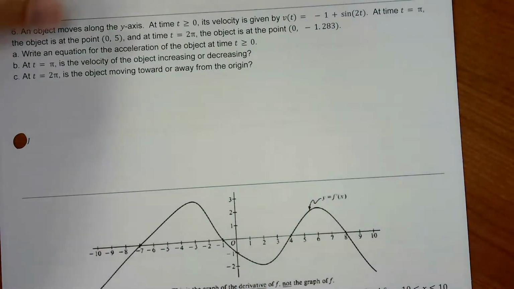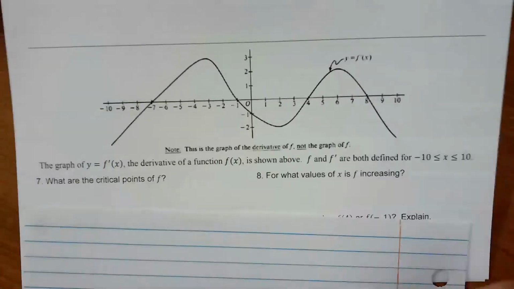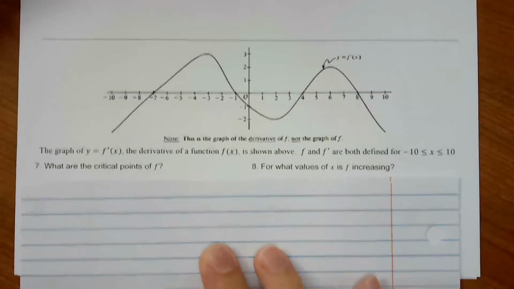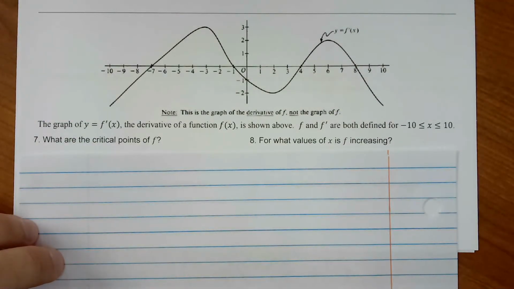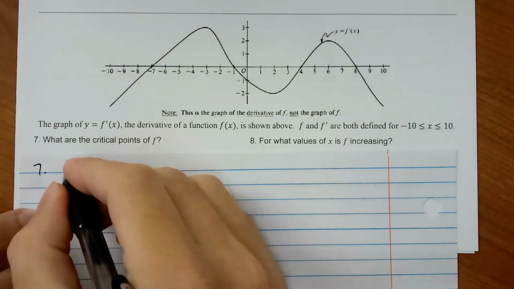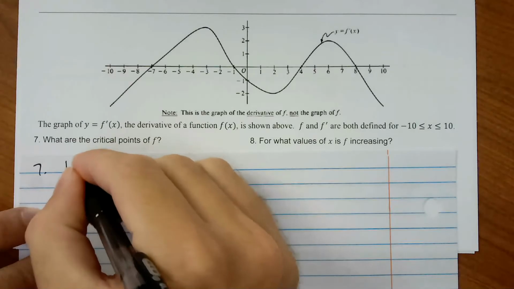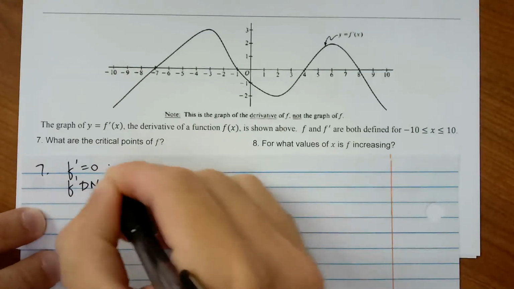All right, now number 7, showing us here's the graph of the derivative of f, not the original graph. Okay, so if we're asked about the critical points, a critical point is when f prime equals 0 or when f prime fails to exist.